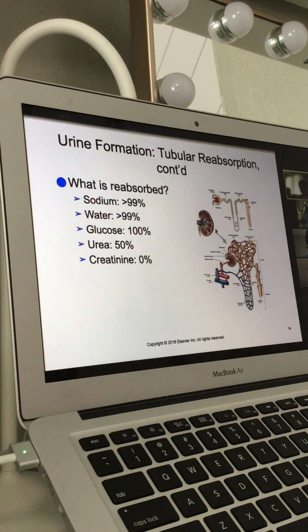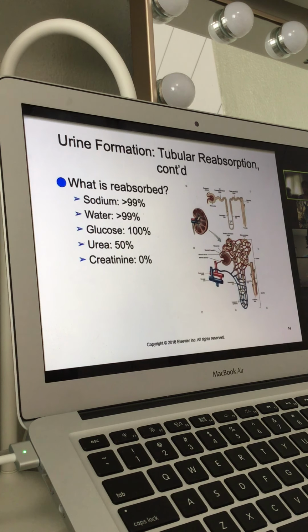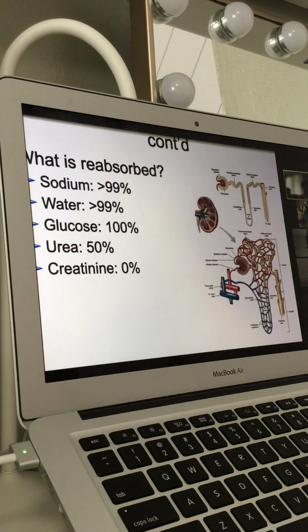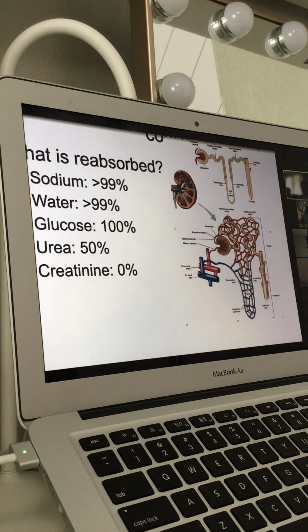What is being reabsorbed? Water, sodium, glucose, urea, and creatinine. This is being reabsorbed in this area, the proximal convoluted tubules. Most of the reabsorption takes place in the proximal convoluted tubule.